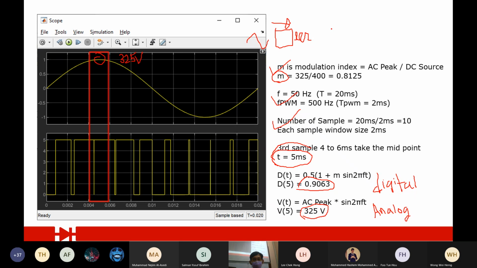Then of course, we have a demodulator, a sine wave in, then you can reproduce the sine wave out. So now we are doing this part. Sine wave, digital output. And this digital output switches the half bridge.